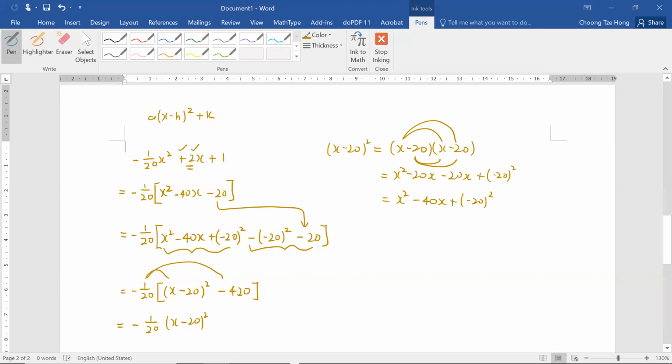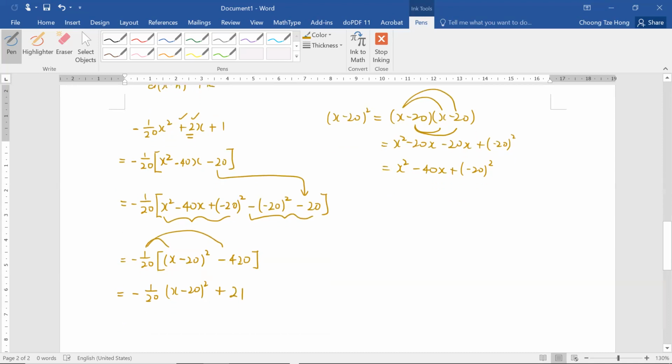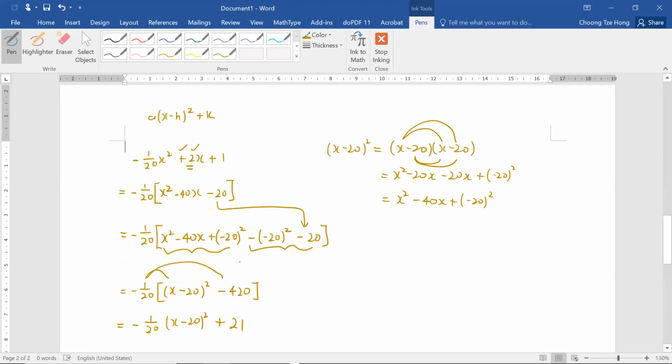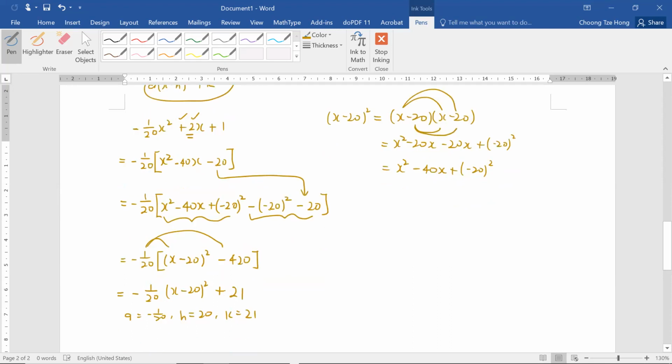Then negative 1 over 20 times negative 420 gives you positive 21. So in this case, a equals negative 1 over 20, h is 20, and k is 21. So this is how you do completing the square.